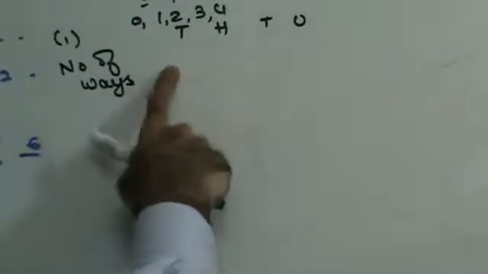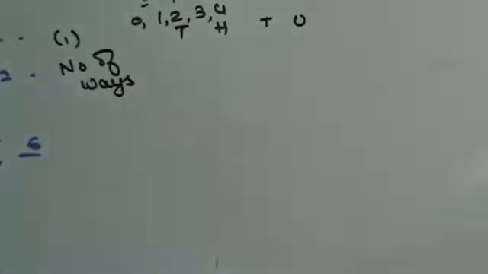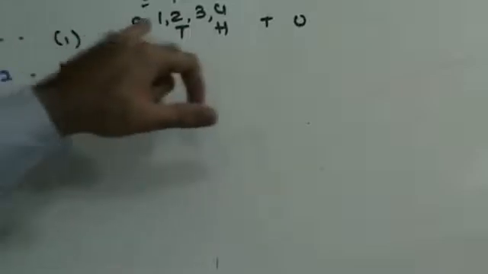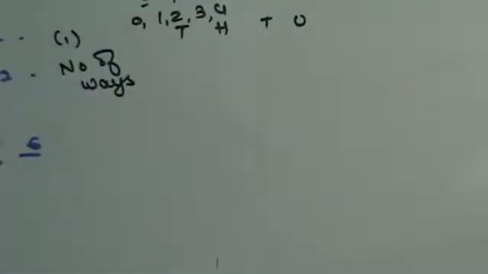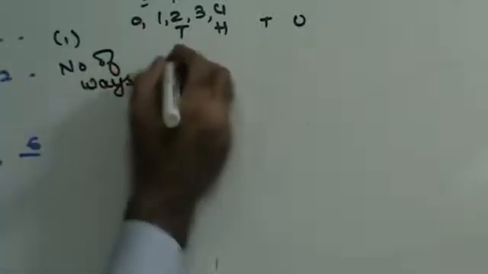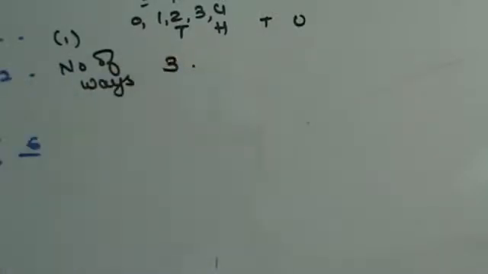If I use 1 here, it will become 1000 something. That means I can use only 3 different alternatives for filling the thousands place.